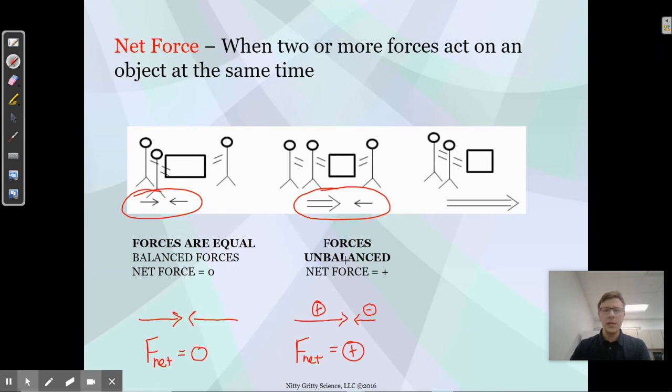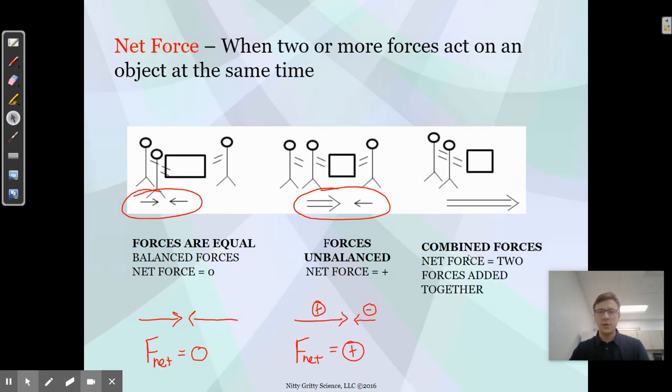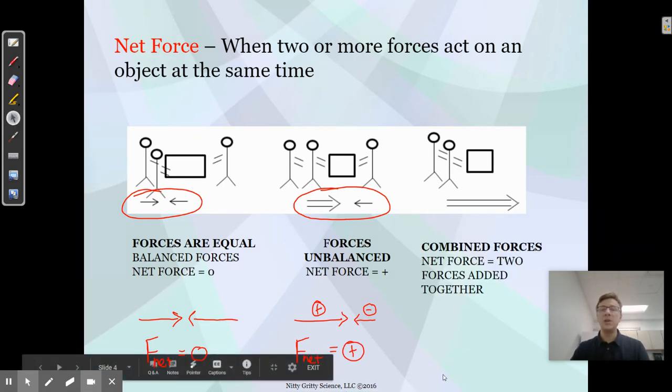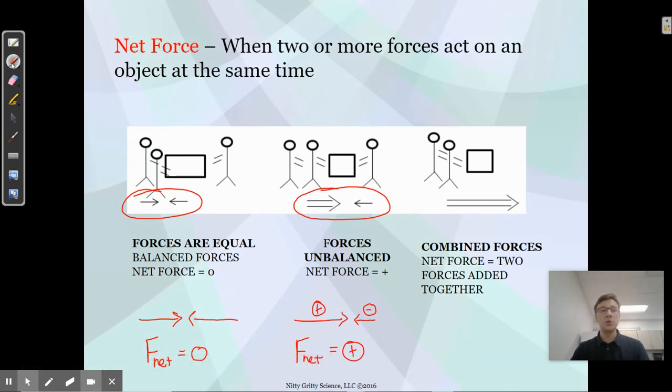And lastly here, we have a combination of forces. When two people push on a box together, their forces are combined and it creates a larger force. So this would be like this. If you have an arrow pointed this way, there's somebody's force, and then another person that's also pushing in that direction, that's going to equal basically adding those two arrows together.